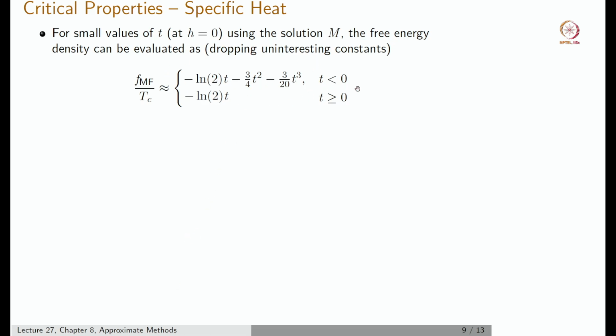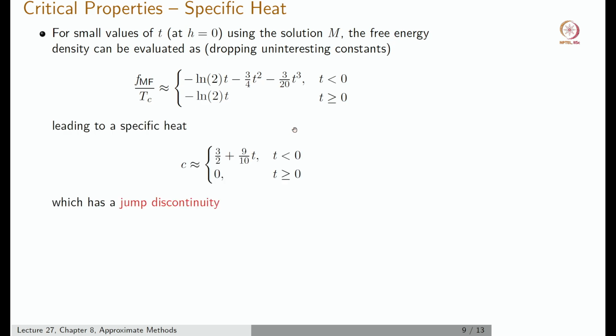So when t is less than 0, you will see that there will be only this term. When t is greater than 0, this minus log 2 t term will be there. And when I explore what happens to the specific heat, specific heat is related to the derivative of the free energy.